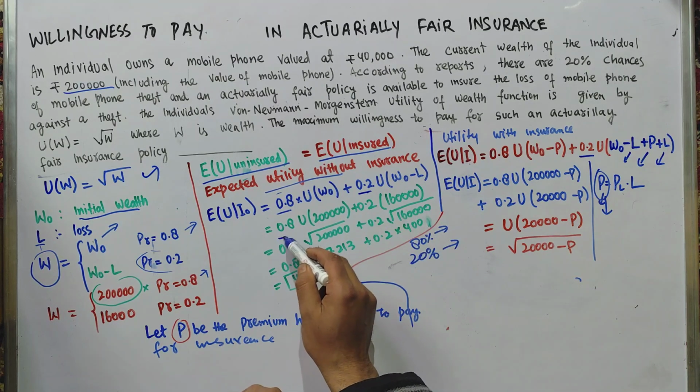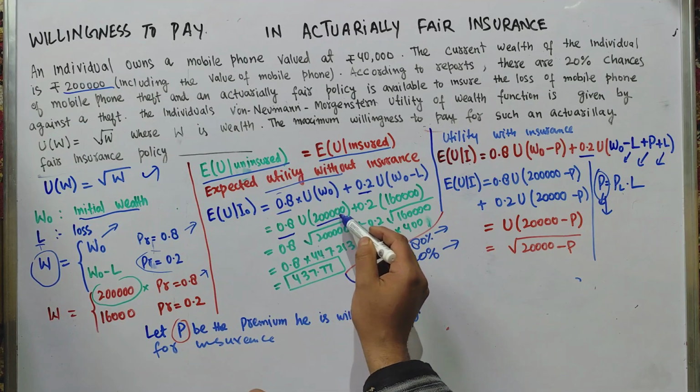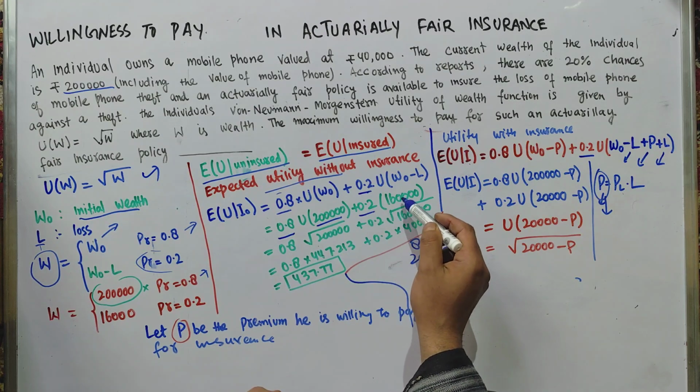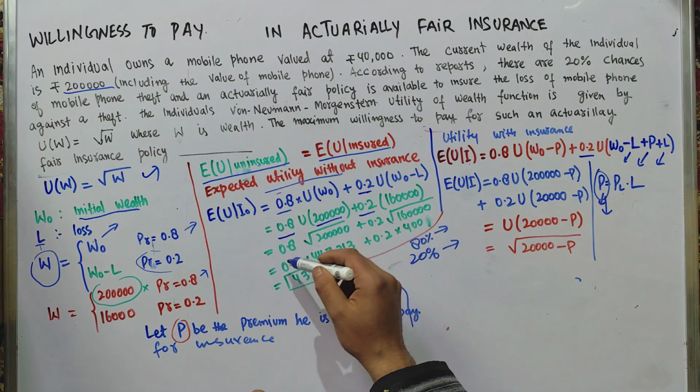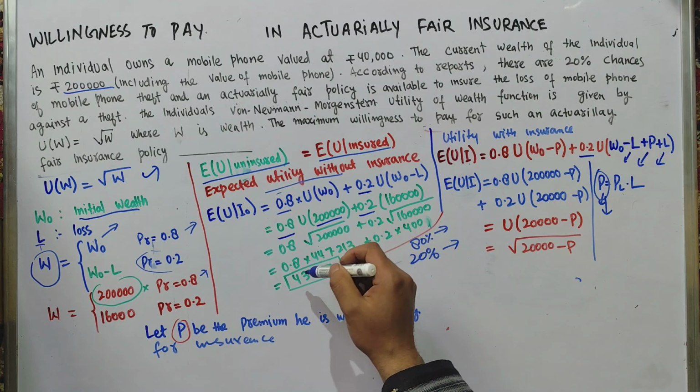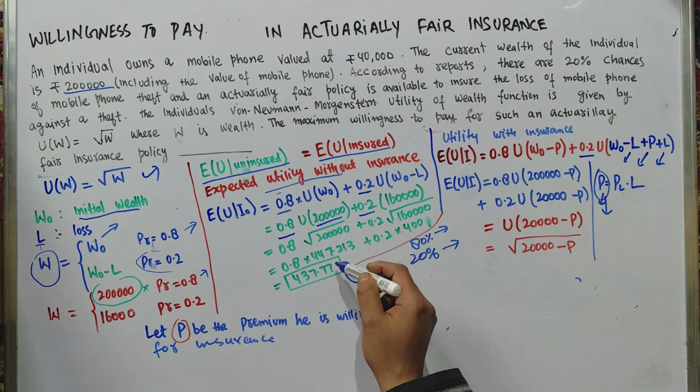So it will be equal to 0.8 times the root of 2 lakh plus 0.2 times the root of 1 lakh 60,000. Doing the multiplication, we get expected utility without insurance as 437.77.